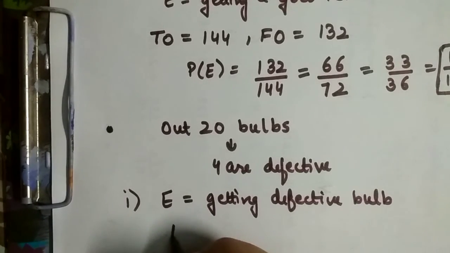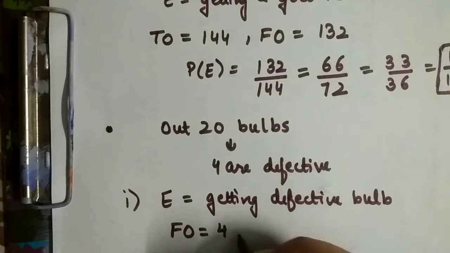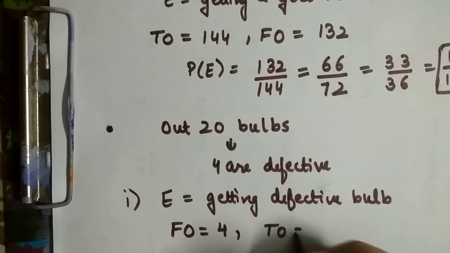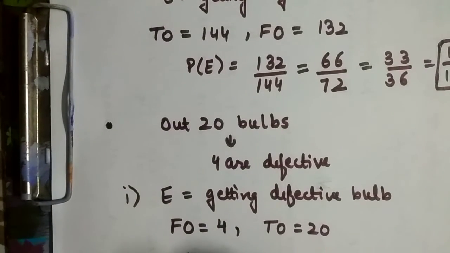So favorable outcomes 4 because there are 4 defective bulbs, and total outcomes 20 because there are 20 bulbs in total, out of which 4 are defective. So the probability of the event is 4 upon 20, that is 1 upon 5.